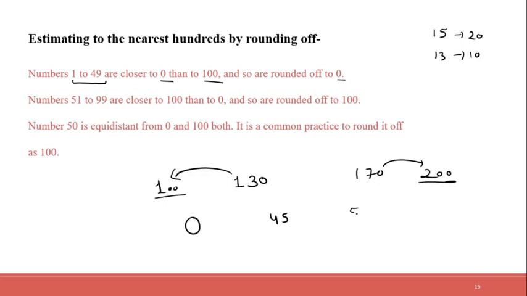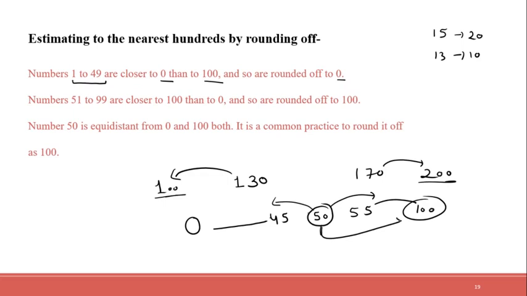But if it is written here 55, we will round it off to 100, because these are in the same series, and in between there will be a 50 here, right? So numbers before 50 will be rounded off to 0. Numbers after 50 will be rounded off to 100. And number 50, although it is in the middle, will also round off to 100. Got it? So this is what is written here.